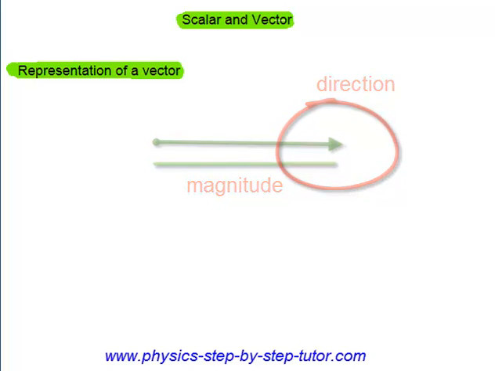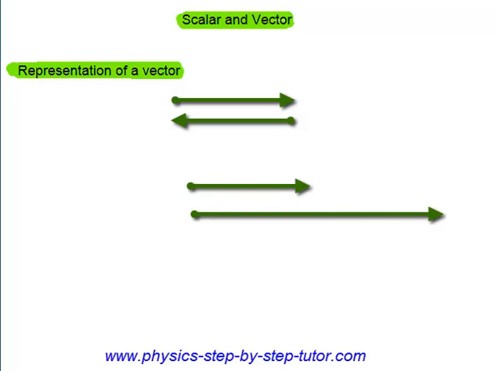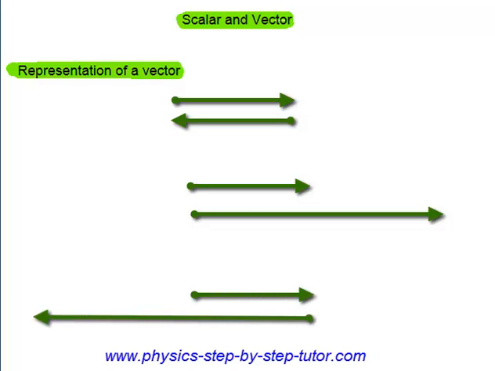On the other hand, two vectors are different if either they have different direction but same magnitude, or same direction but different magnitude, or different direction and different magnitudes.